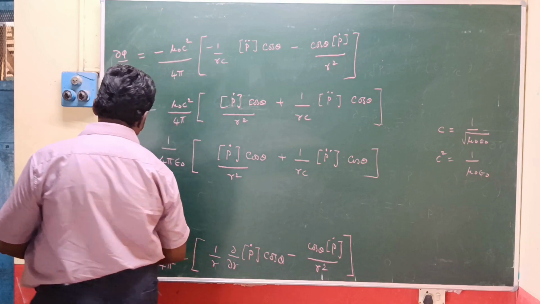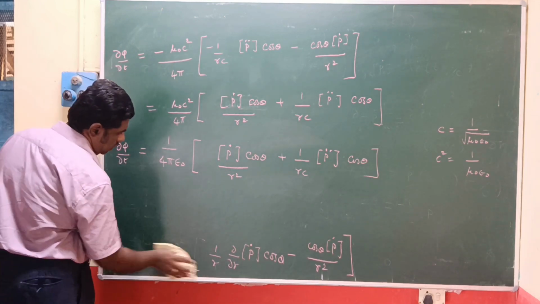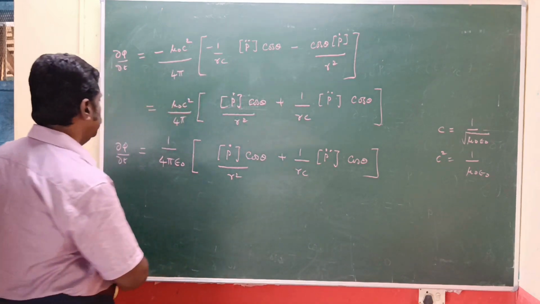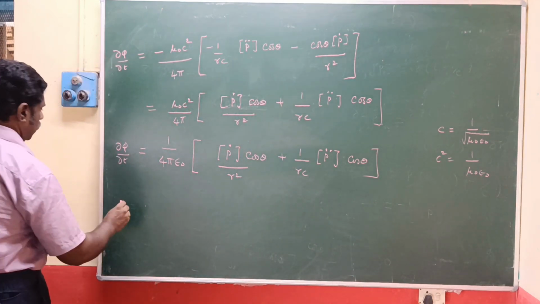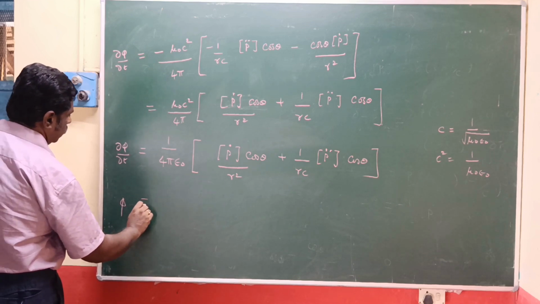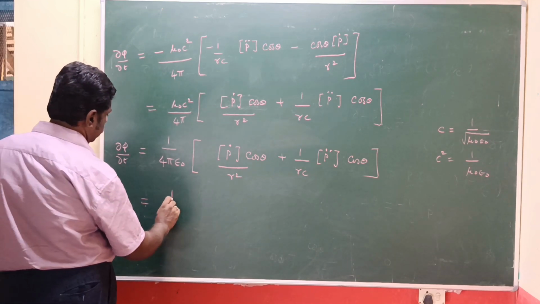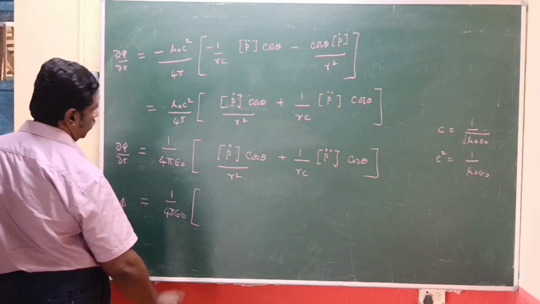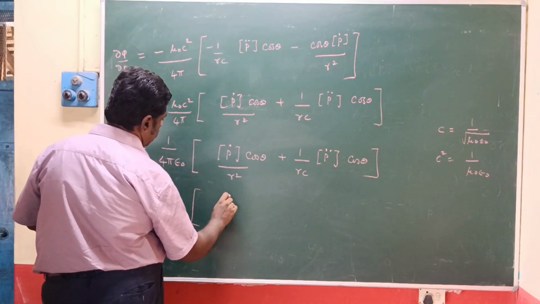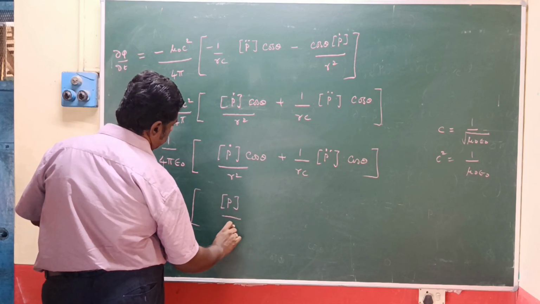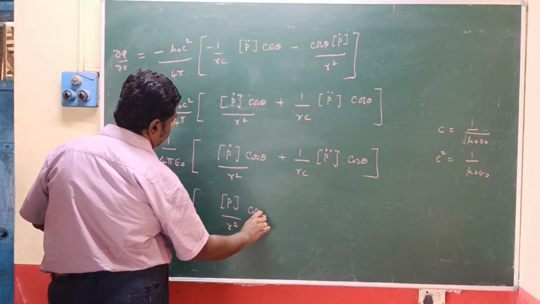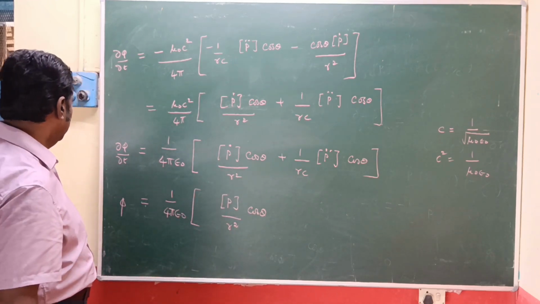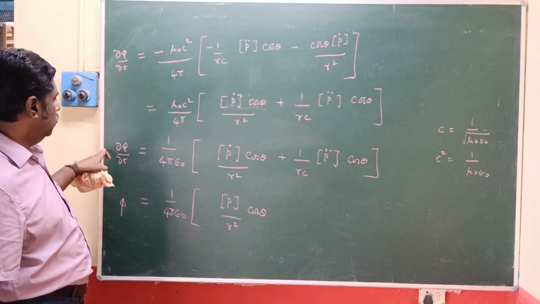We need the value of φ alone. Therefore, we change this one as φ, which is equal to 1/(4πε₀) [p/r² cos θ plus 1/(rc) p single dot cos θ]. This p dot is ∂/∂t of p. Here also ∂/∂t is present, and that ∂/∂t is removed.